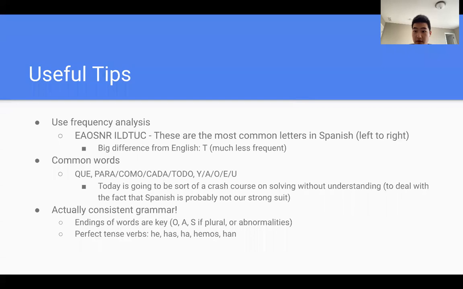On the other hand, for feminine nouns, you have la, whatever the noun is, that ends in a. And if you want to make something plural, just like English, you would add an s onto the end of it. If the word ends in a consonant, then just like English, you add es onto the end to make it plural.